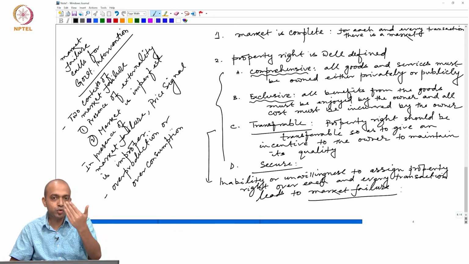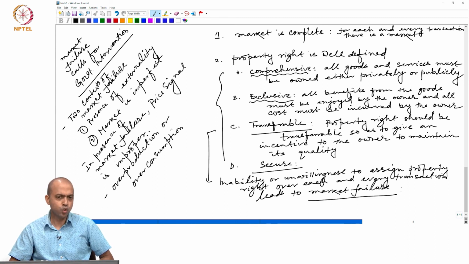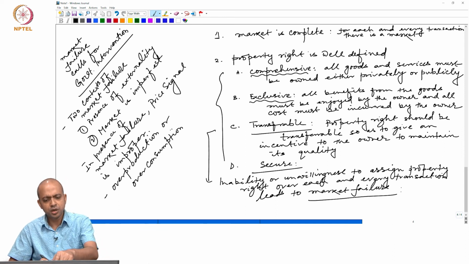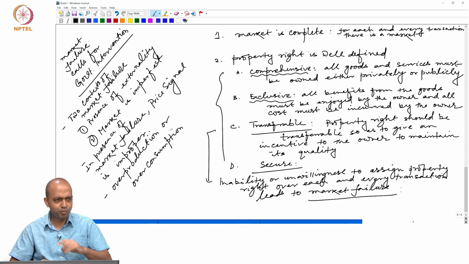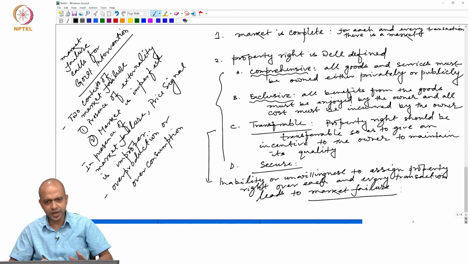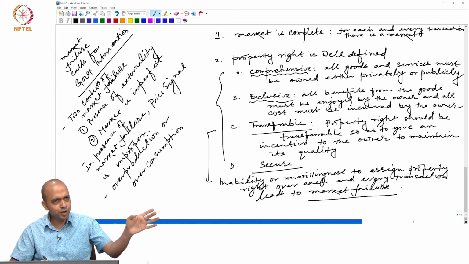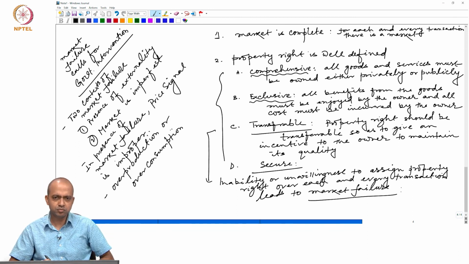Before we discuss regulation in the context of environmental problems, Ronald Coase, long back, said that since the problem arises due to absence of property right, actually government intervention is not required if we can assign property right either to the polluter or to the pollutee, then also we can solve the problem. Government intervention is actually not required.